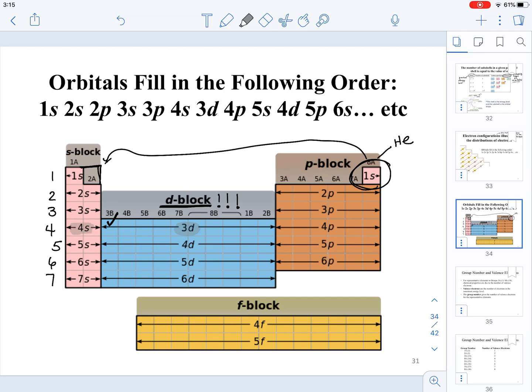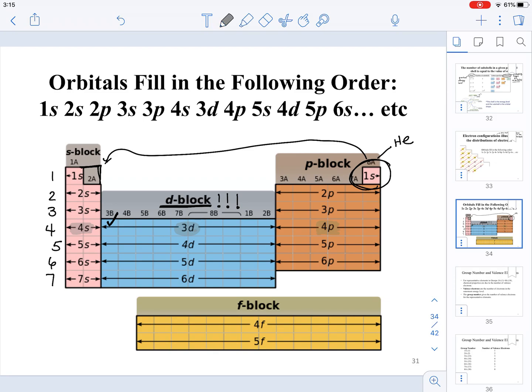So this goes 4S, 3D, 4P. Notice that at the D level, we always drop a period. That is just how it was established experimentally. That is just something that you should keep in mind.